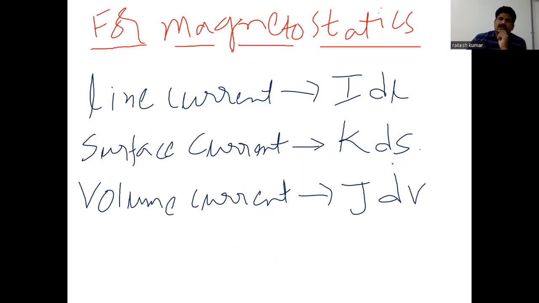Similarly, for magnetostatics we discuss in terms of current: line current is represented with I dl, surface current with K ds, and volume current with J dv.